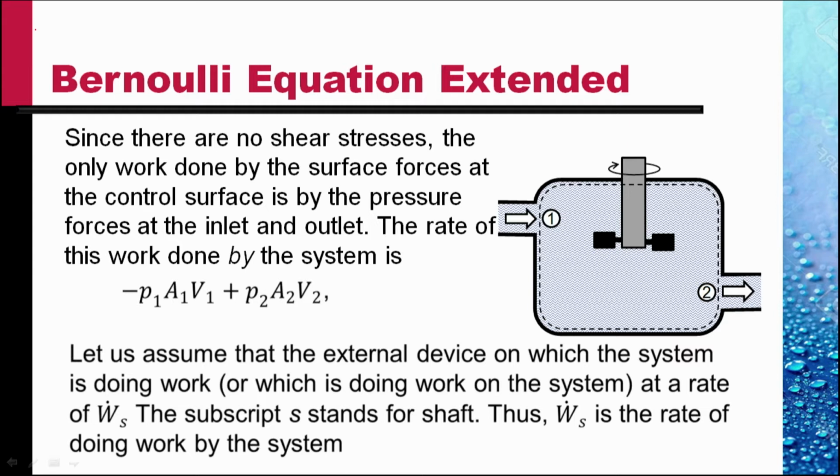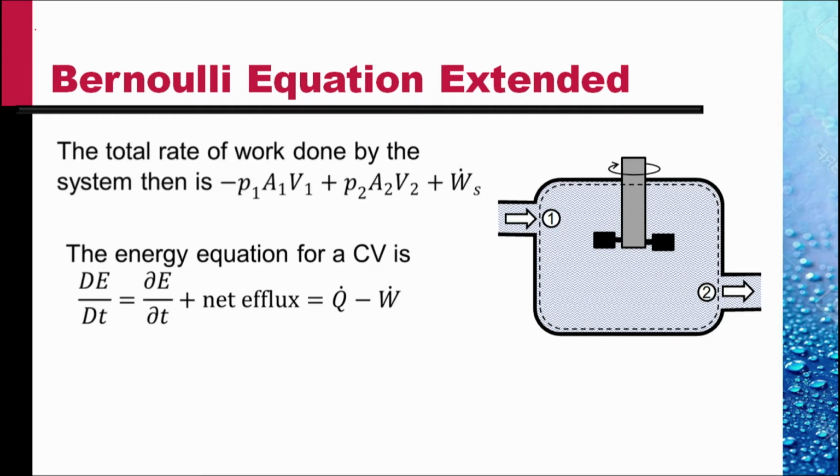Thus, W dot S is the rate of doing work by the system. In this case of the stirrer, W dot S would be negative. So the total work done by the system is then minus P1 A1 V1 plus P2 A2 V2 plus W dot S.